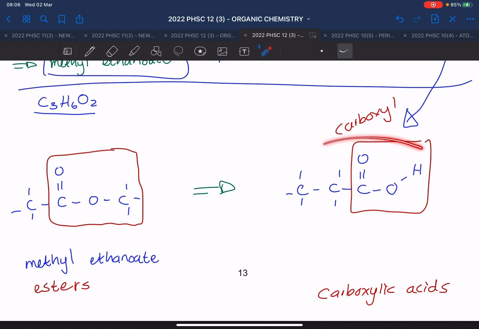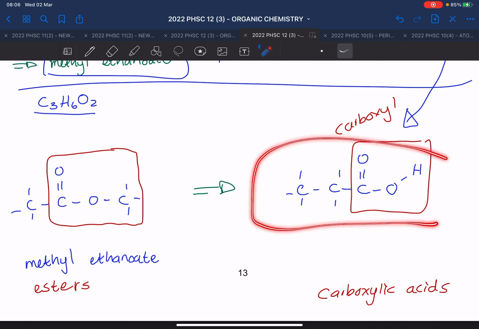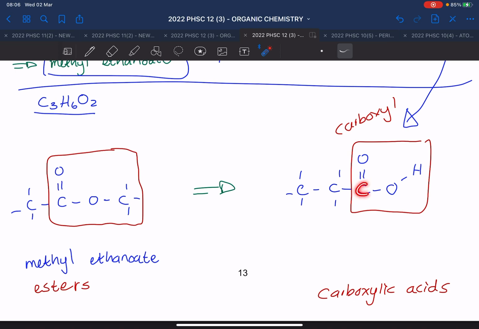For a sweetie, what is this one's name? How many carbons are there? Propanoic acid.